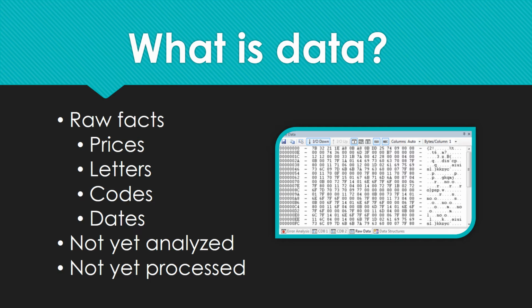They can be codes representing a product, or they can be dates. The main thing about data is that it has yet to be analyzed, has yet to be processed, and so in its current state, like in the picture, it's not very useful, but that is where data visualization comes in.